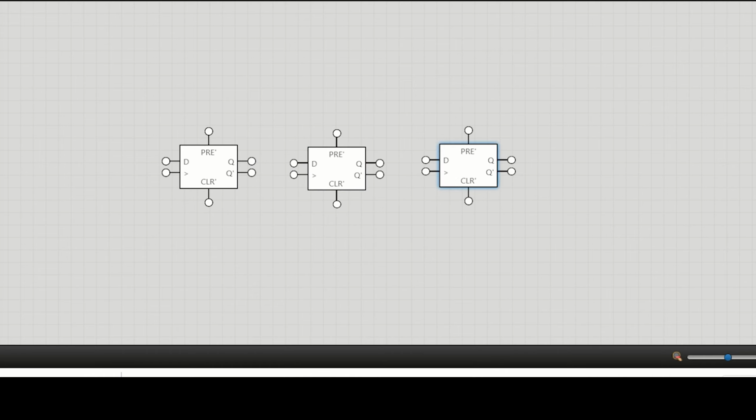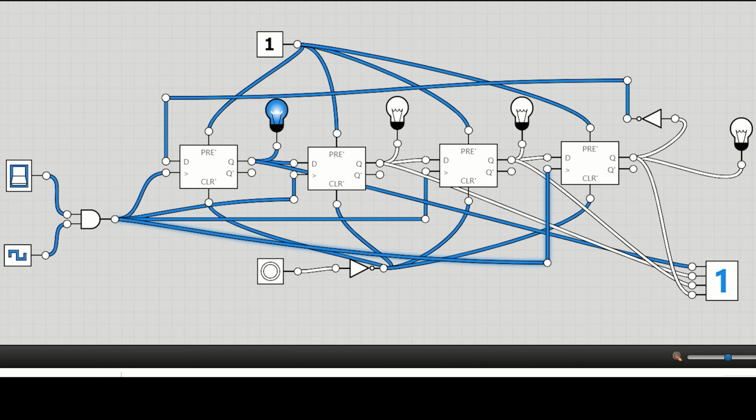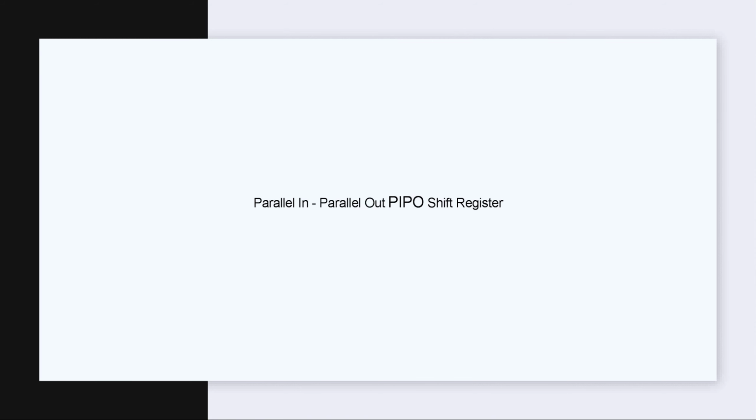Now we'll see about parallel in parallel out shift register.